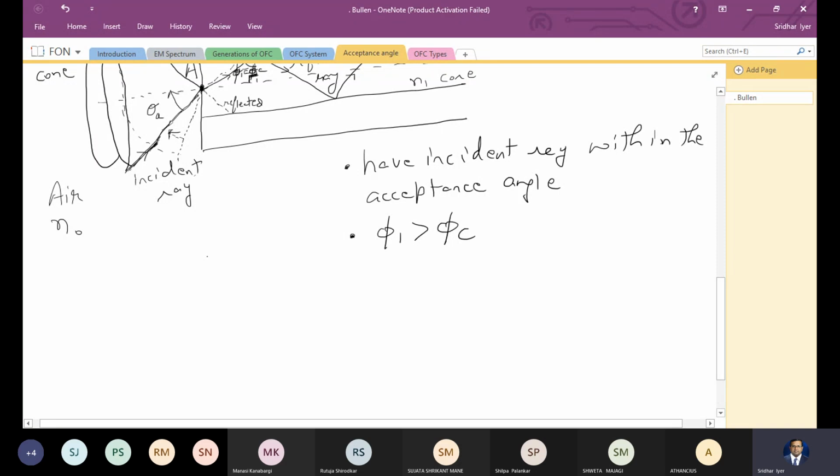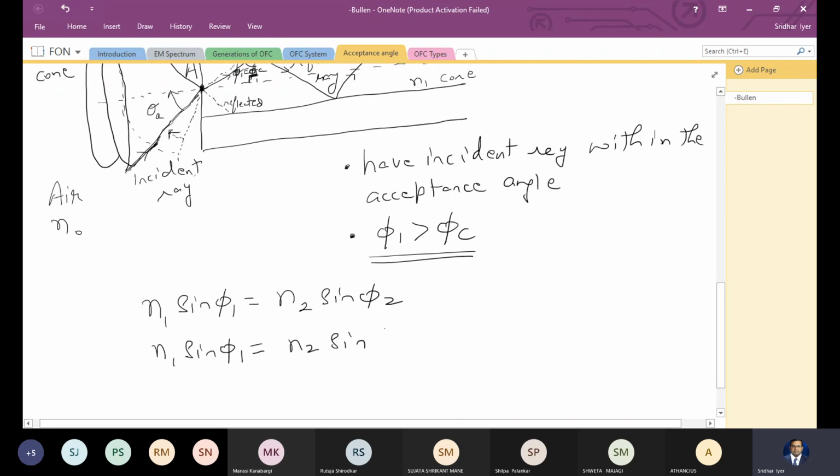We are going to use Snell's law. Snell's law says that N1 sine phi 1 equals N2 sine phi 2. However, since total internal reflection takes place, I'll have N1 sine phi 1 equal to N2 sine phi 2, where phi 2 becomes 90 degrees.